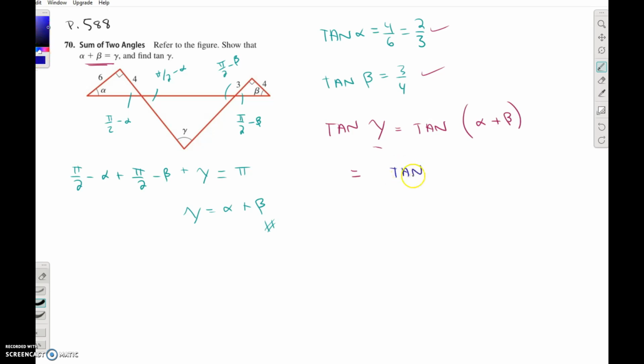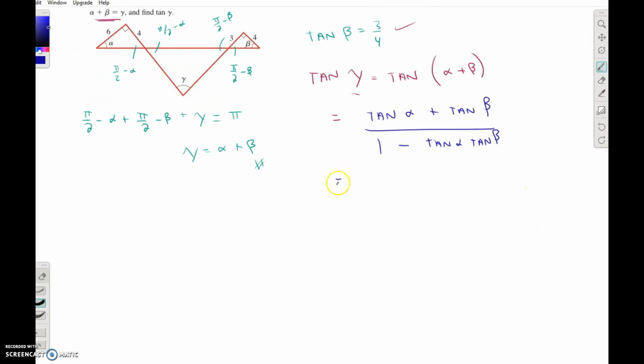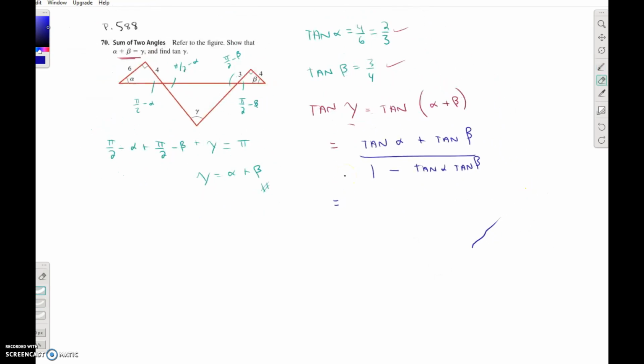This is the tangent of alpha plus the tangent of beta over 1 minus the tangent of alpha tangent of beta. Yes, you do have to put that formula to memory. Sorry. And plug in our numbers.